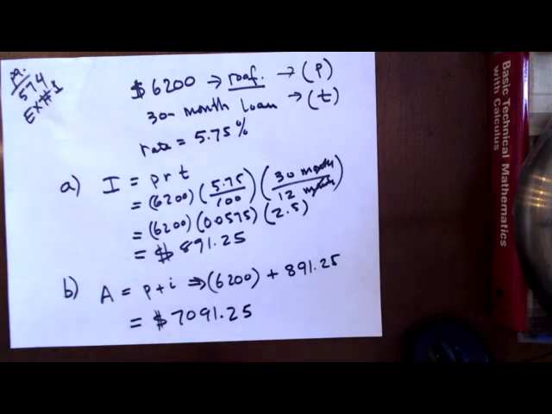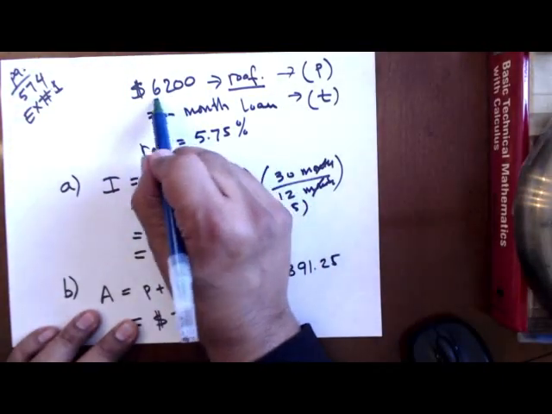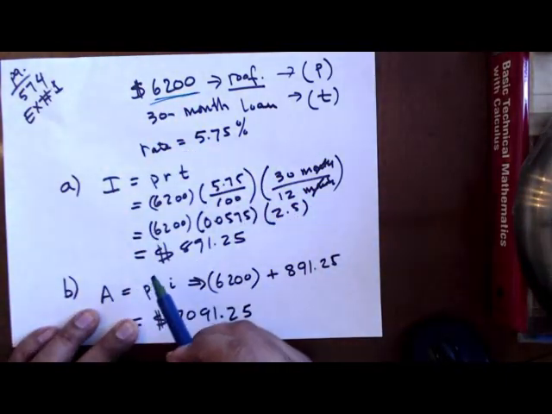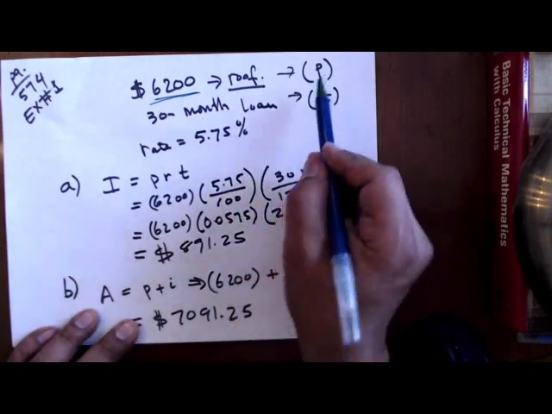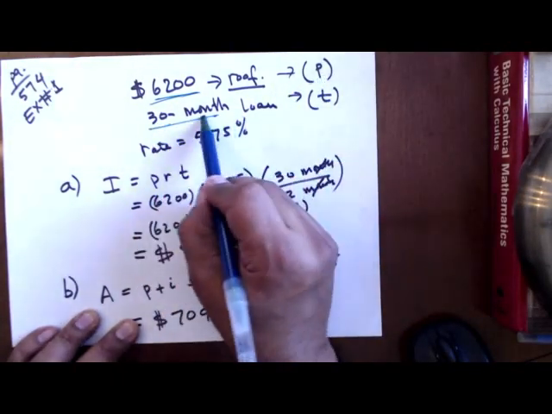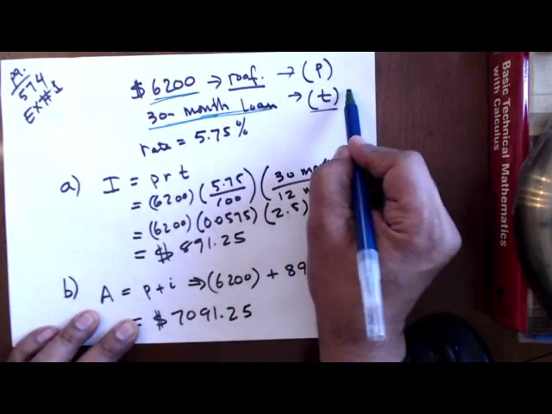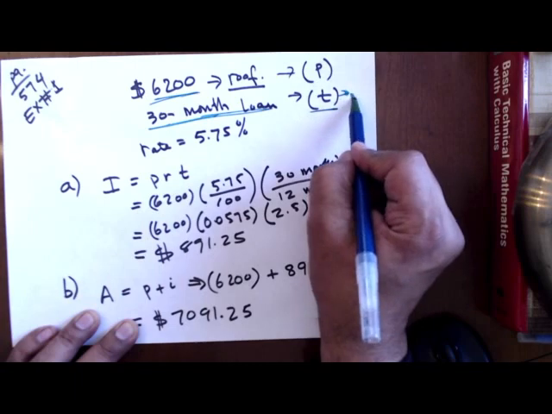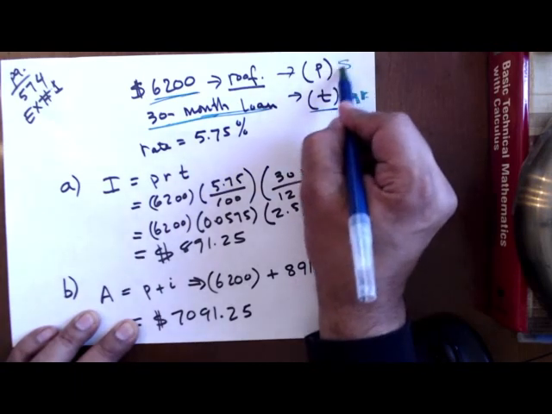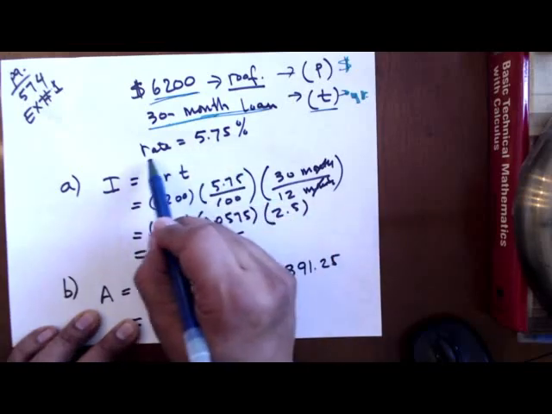So this is what we have in this example, and let's walk through some of the details of this problem. An amount is borrowed, that's the principal. The time is 30 months long, and we know that this is the time, but the time has to be in years. The principal is in dollars, and the rate is in percentage, so it's already given for us here.